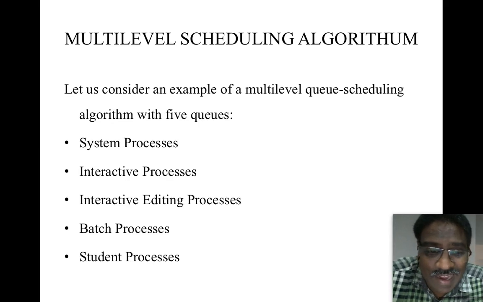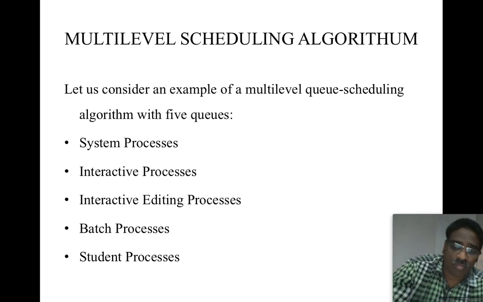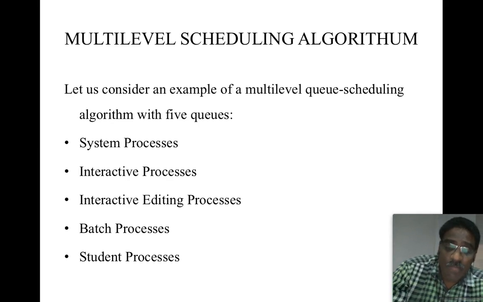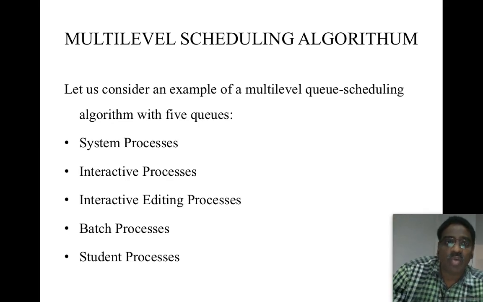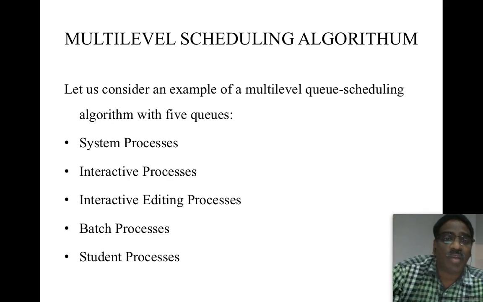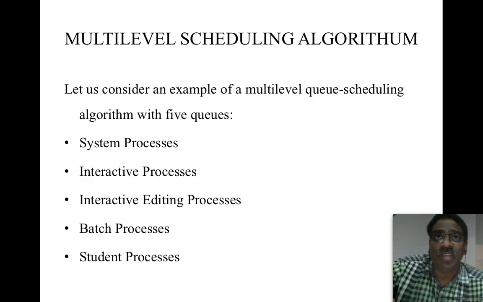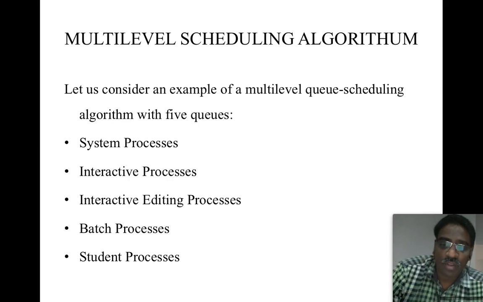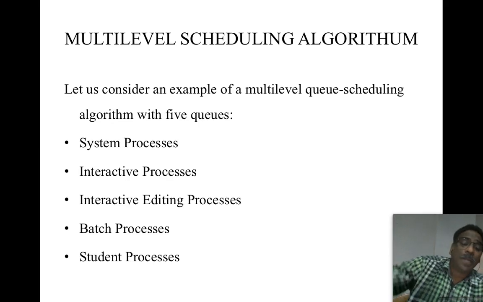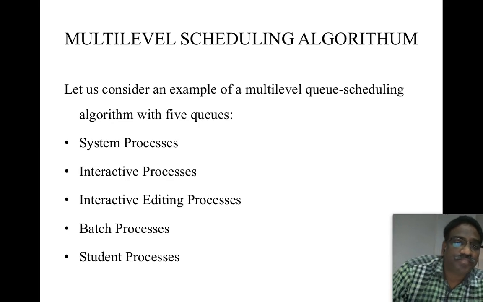Those are all called student processes. The time quantum of student processing is very less. Those are all called student processing threads. That is a low priority. When the execution time is low, automatically it is a low priority process.